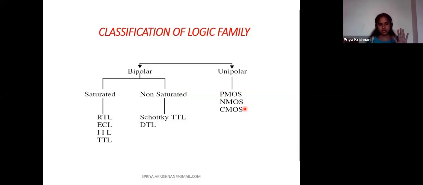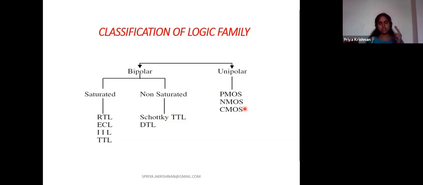Similar to that, using simple voltage levels, the digital circuit can understand 1 or 0. If it is 0 volts, the input is 0. If it is 5 volts, the input is 1. For simple understanding, if I apply 0 volts to my circuit, that is 0. If I apply 5 volts to my circuit, then that is 1.